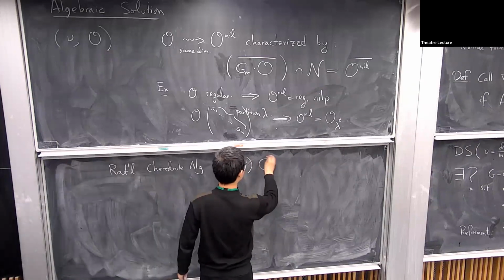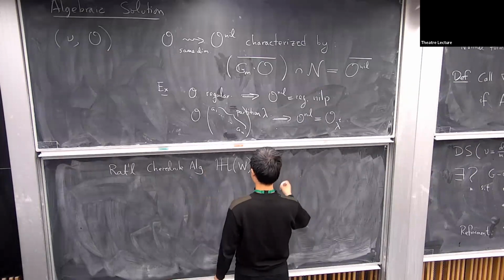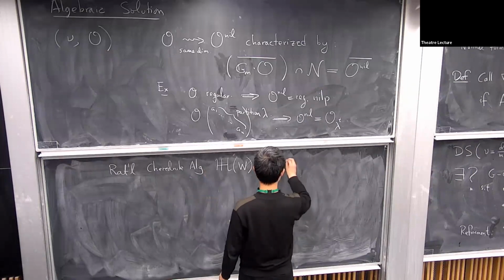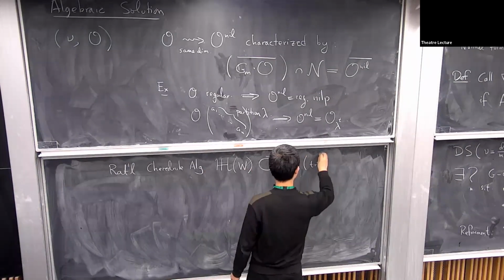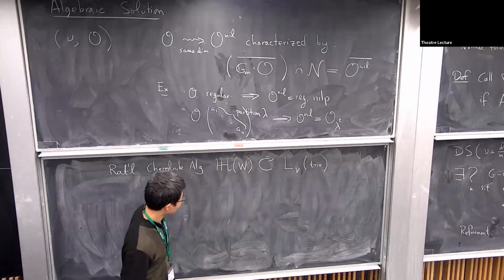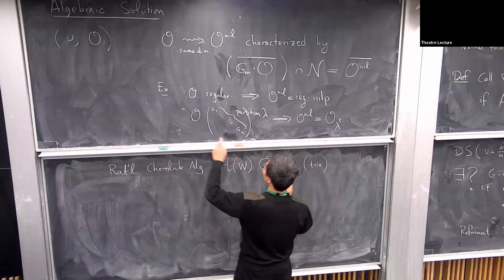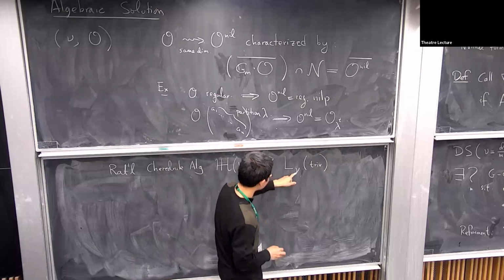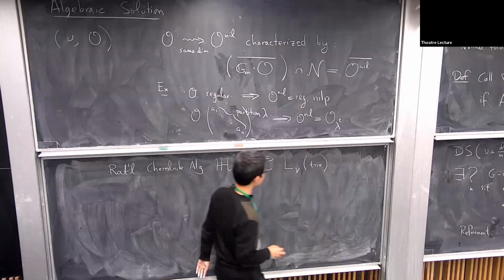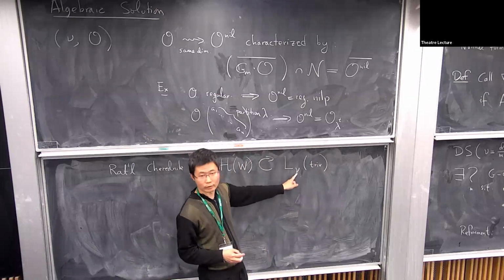And this has a simple module. It's called L triv. So this nu is the same nu that is supposed to be the slope of our connection, and this is a unique simple quotient of the Verma module with parameter nu.